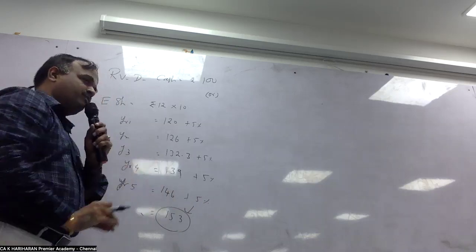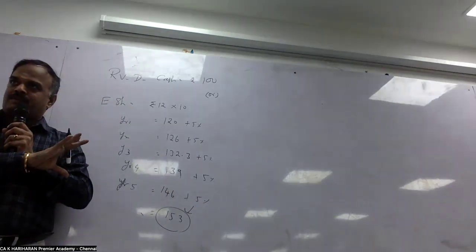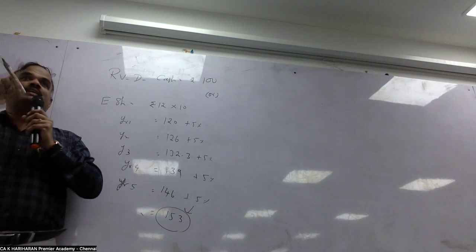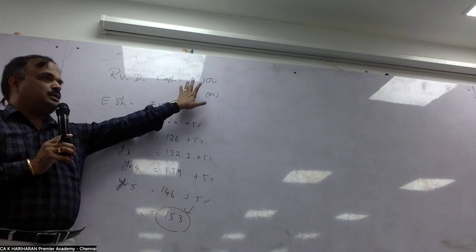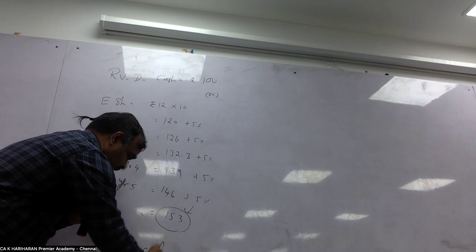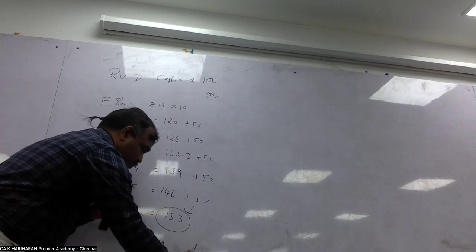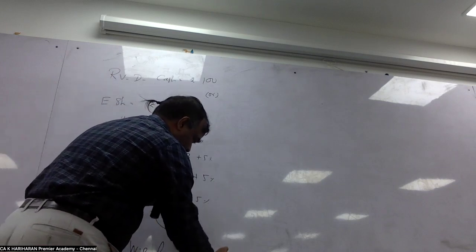Shall I repeat once again? Which will you prefer, cash or shares? Whichever is higher, so it is better to go for conversion into shares, so that we can get 150.